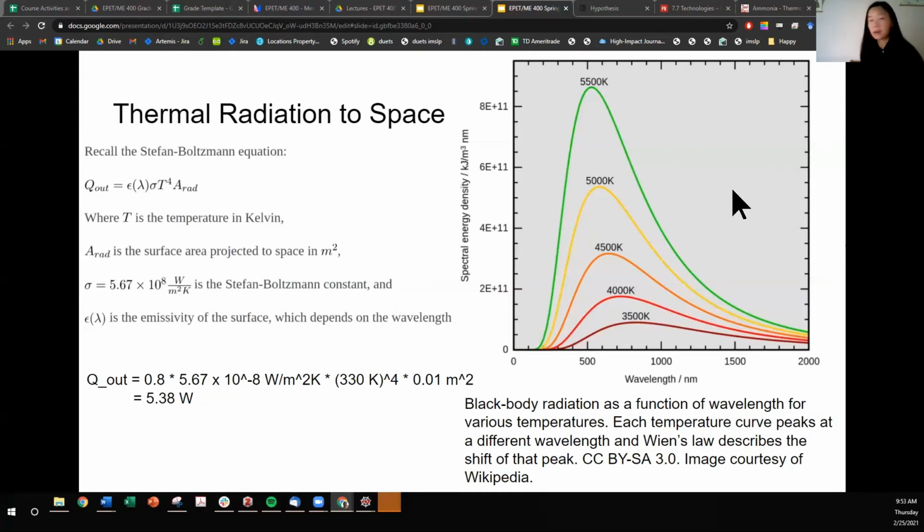We use Wien's law to determine the wavelength that is most dominant. Here, you'll see that the spectral energy density for this green curve is the most dominant, and that occurs at about 500 nanometers. So that is the wavelength at which we would define the emissivity.